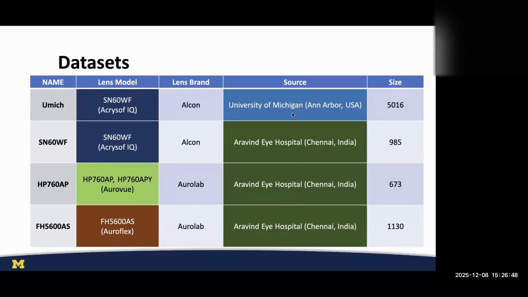One was this Indian population implanted with the same lens, and then we had this Indian population who was implanted with 2 different types of lenses. It should also be noted that we don't have a large enough sample size to train a model with all of these different samples together.